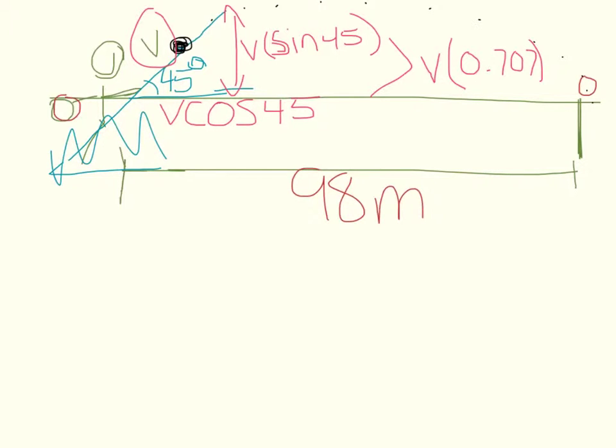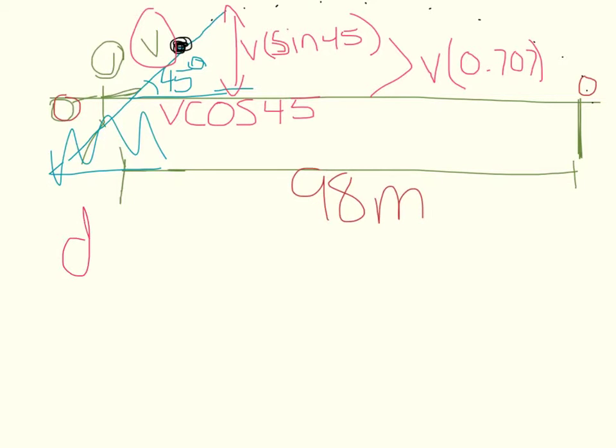So we're going to find time in terms of this, and then we're going to plug that value into the final distance equals 1/2 times acceleration due to gravity times t squared plus initial velocity times time plus 0. That's the overall view. So let's start by finding the horizontal distance.